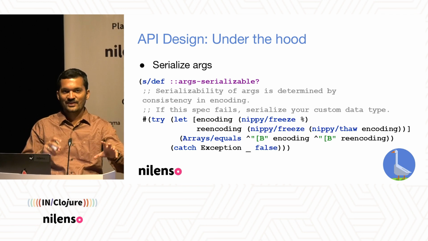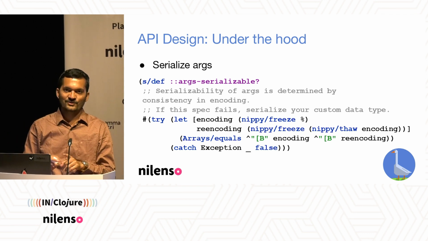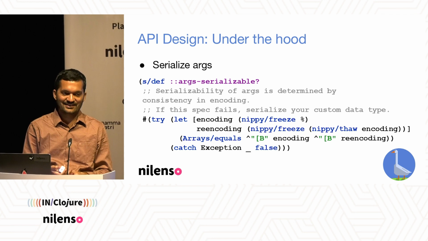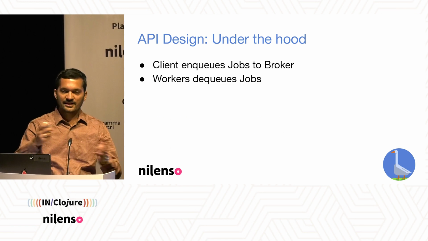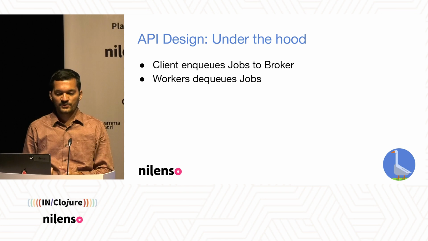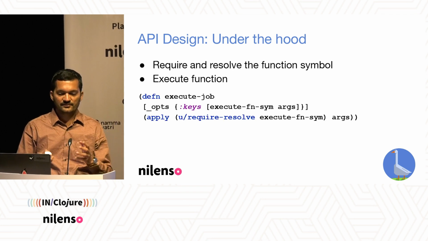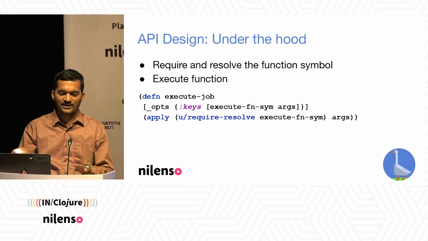Encode something, then decode it and encode it again, and see if both encodings are the same. That essentially means those args were serializable. So the client then enqueues the job to the broker, the worker dequeues the job, and it first requires and resolves this function symbol and then just executes it by applying the args.